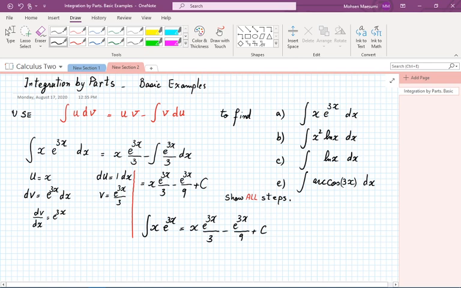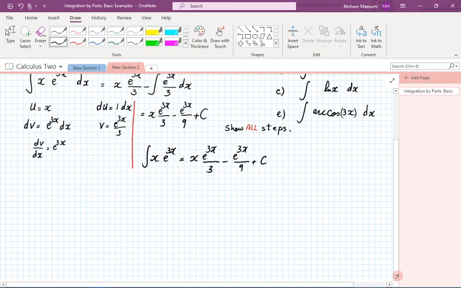Now it's a good practice for you, after you have seen this thing, to go through all of these steps by yourself again, and let me ask you to do the following without looking at this screen as much as possible. Try to do this.